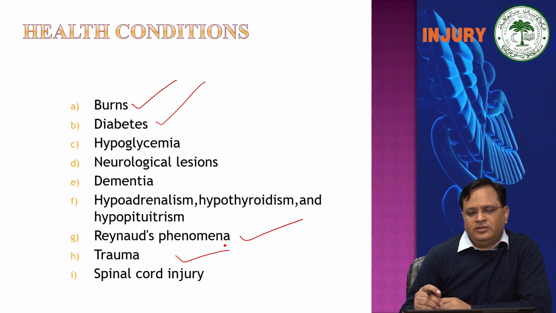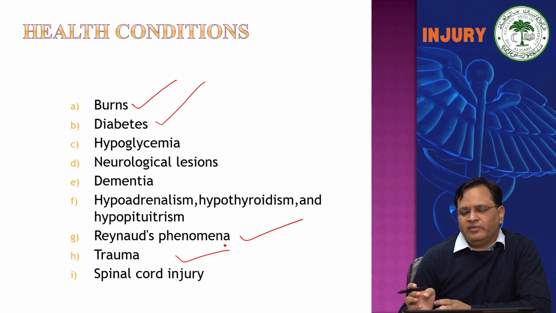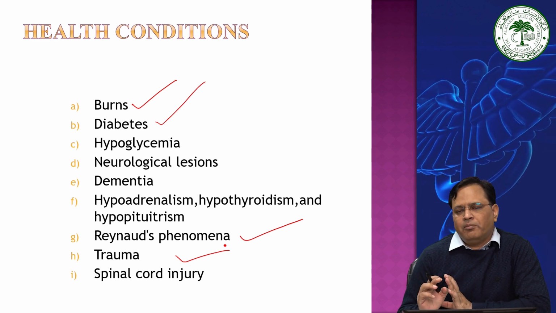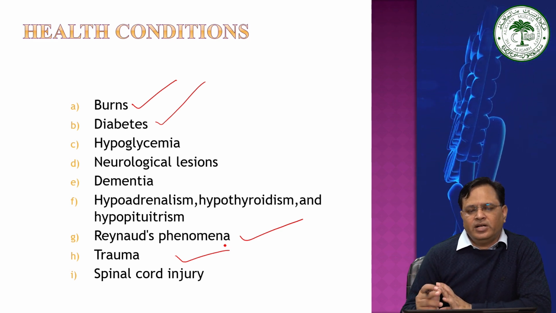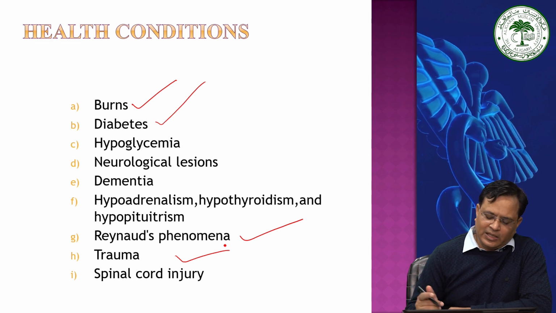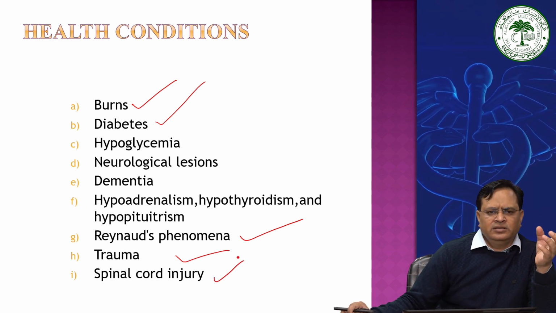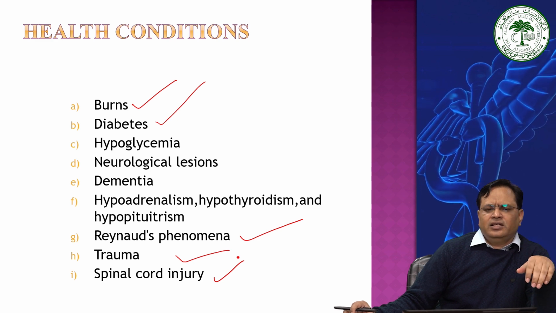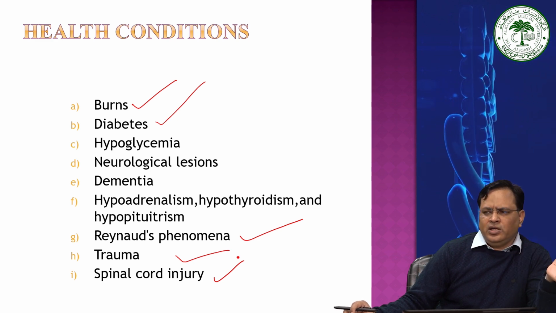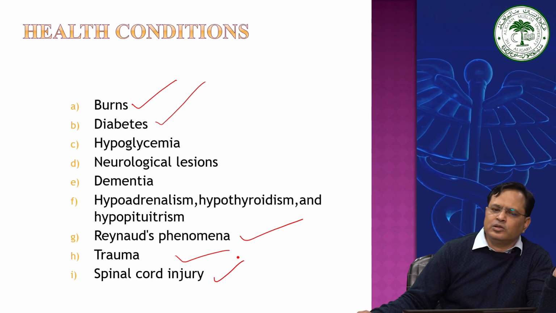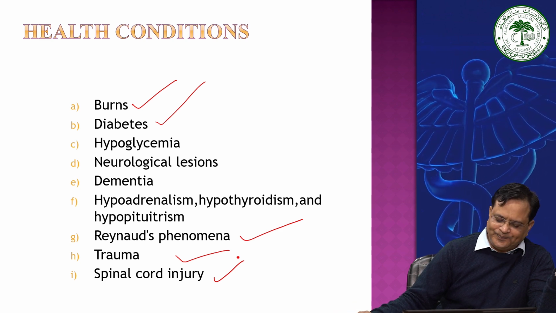Spinal cord injuries, such as complete transection of the spinal cord, can lead to complete dysregulation of body temperature below that level and cause hypothermia. So various health conditions can lead to hypothermia or hypothermic injuries, which can also lead to death.